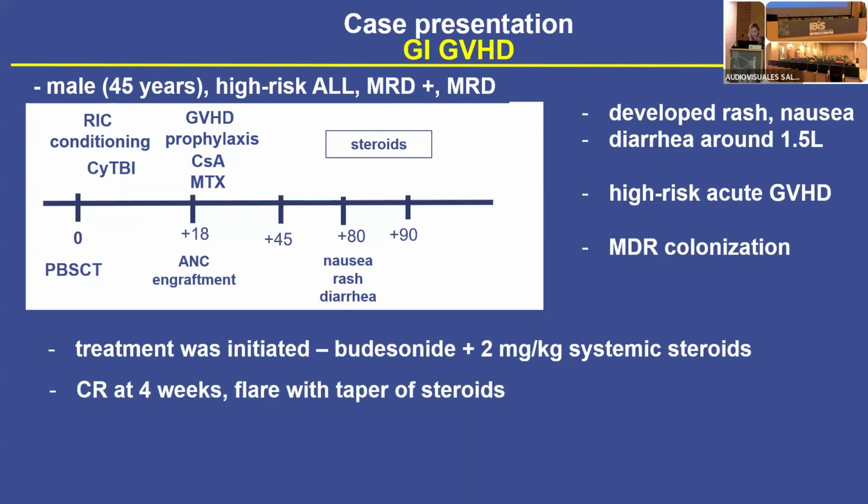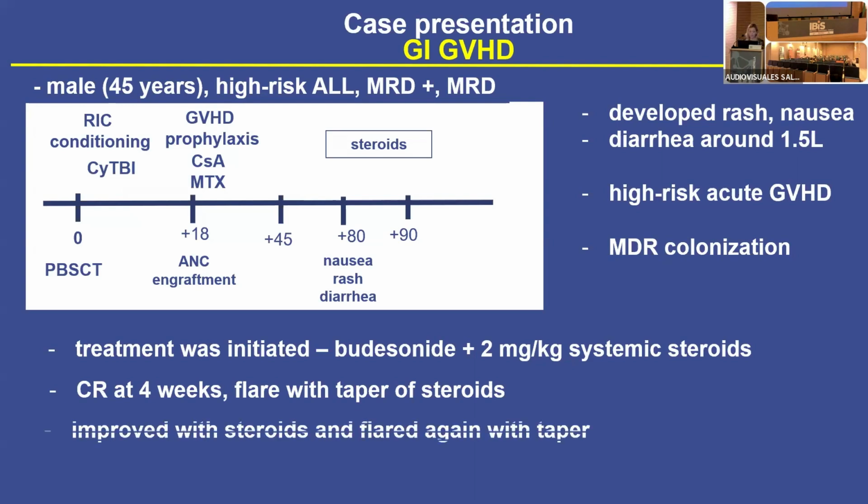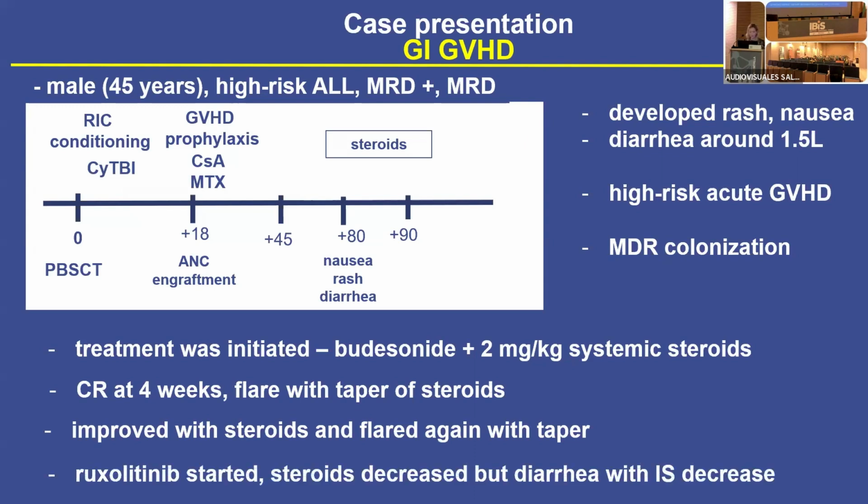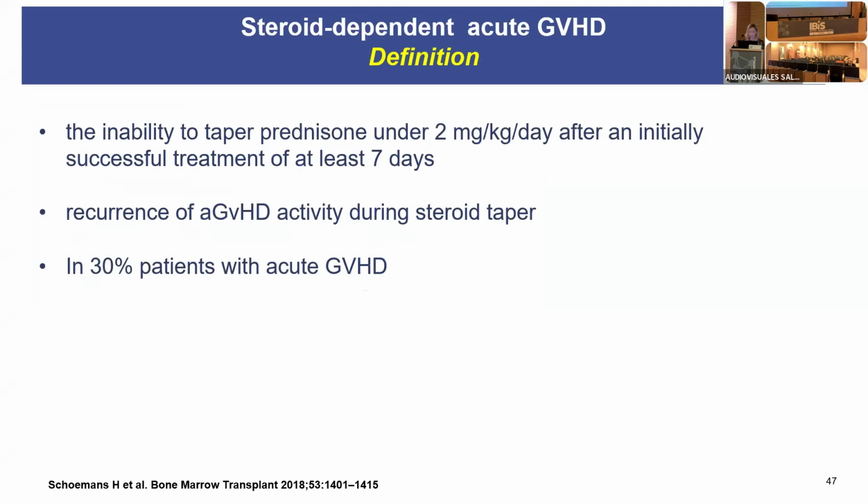And when we have a complete remission, but then a patient that flares with every taper of steroids and then improves and then flares again. So a patient whom we considered steroid-dependent starts second line ruxolitinib, and again has this same scenario that every time we decrease immunosuppression, we have a flare of acute GvHD.